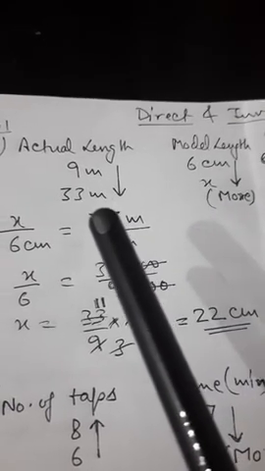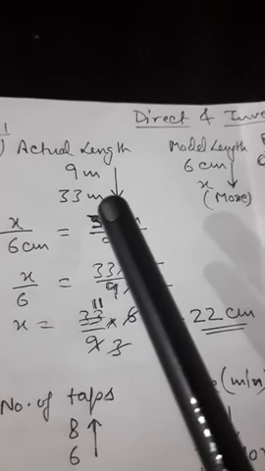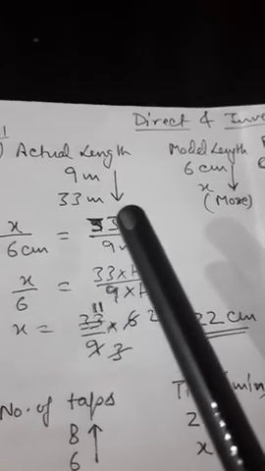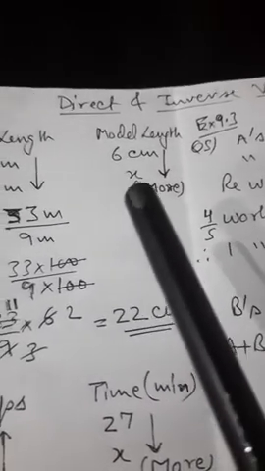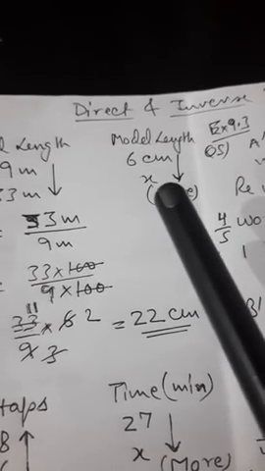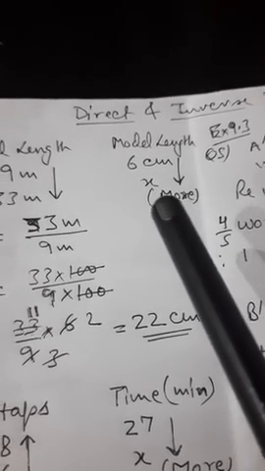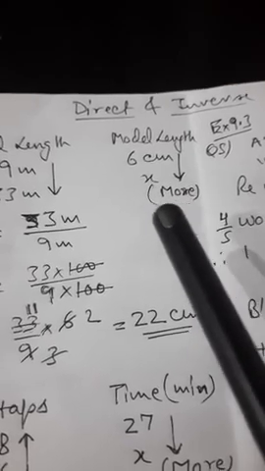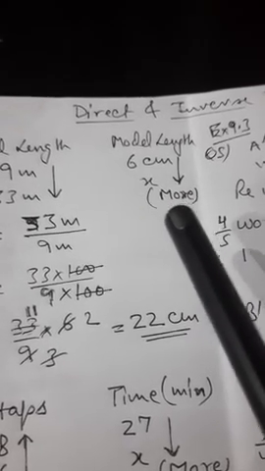When the length is more, that is 33 meter, which is more than 9, then will the model length be more or less? The more length will be represented by more model length, so that is why x will be more. That is why I have written more here.